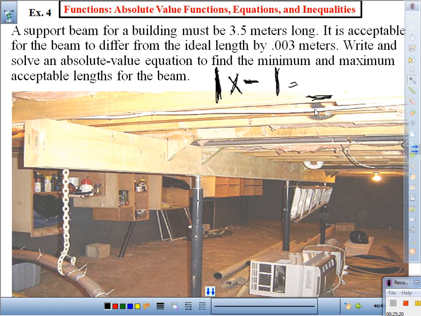You need to remember, this becomes negative, and this becomes positive. So which of these two becomes negative and positive? The one that says it differs. How much does it differ? 0.003. That goes right there, which means the distance, 3.5, goes right there.